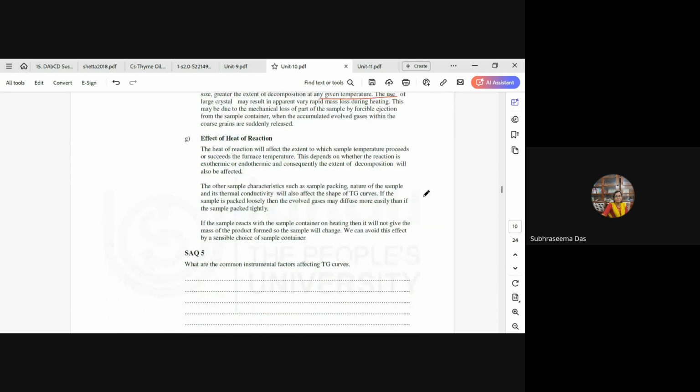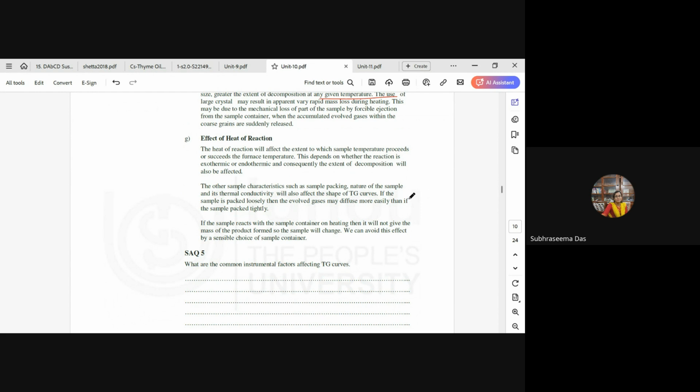Now coming to the effect of the heat of the reaction. The heat of the reaction will affect the extent to which the sample temperature precedes or succeeds the furnace temperature, depending on whether the reaction is exothermic or endothermic in nature. Other sample characteristics such as sample packing, the nature of the sample, and its thermal conductivity will also affect the nature of the TGA graph.